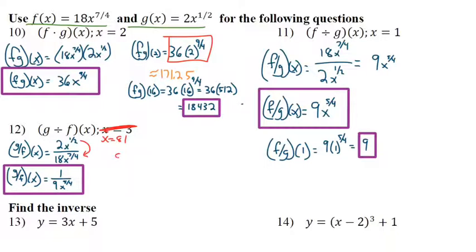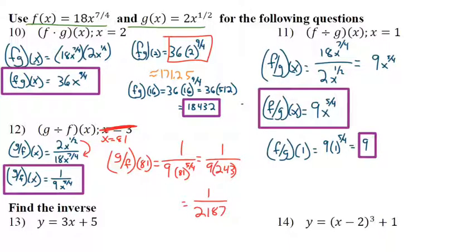If I do g over f of 81, we're going to get 1 over 9 times 81 to the 5/4, which is 243. 1 over 9 times 243, which equals, times 9 is 2187. 2187 underneath a 1. So that will be your final answer. Okay? There you go.